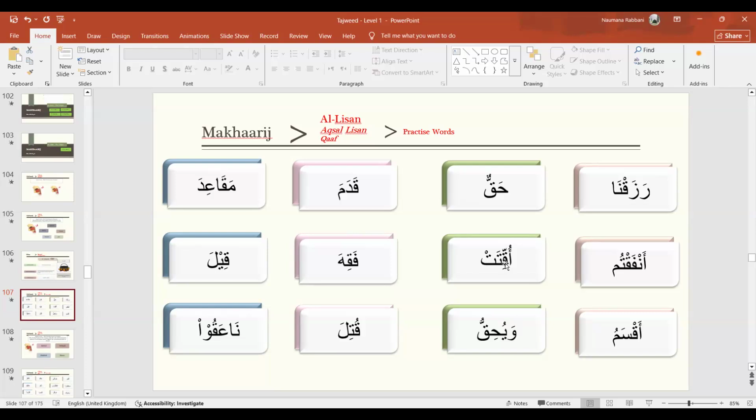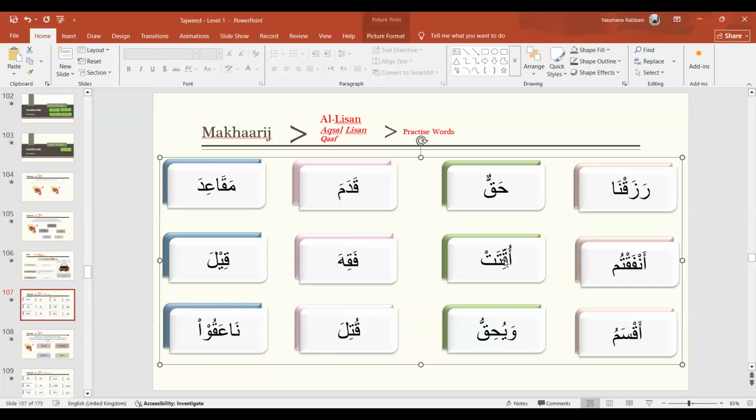Uqitat. And regardless of whether the qalqala letters come in the middle with the tashdid or without it, it's the same. The only difference is that in the middle, I'm giving it more time: first a little timing for the sakina, and then the second for the uqitat. وَيُحِقُّ. And be mindful with the qalqala, especially of qaf, when we are coming from a kasra.